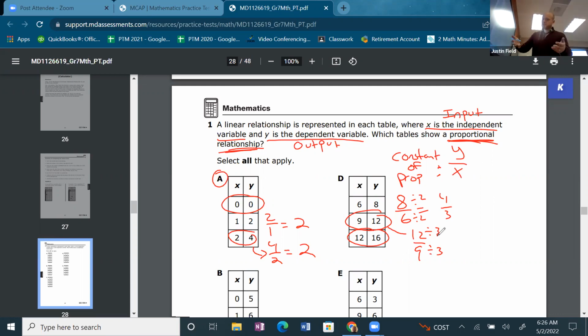If it doesn't work, try dividing by 3. Try dividing by 5. Just start with the small numbers and go up. And so that would be 4 over 3. And then 16 over 12, I'll bet it does. Look, I can divide by 4. That would be 4/3. So D is also a proportional relationship.